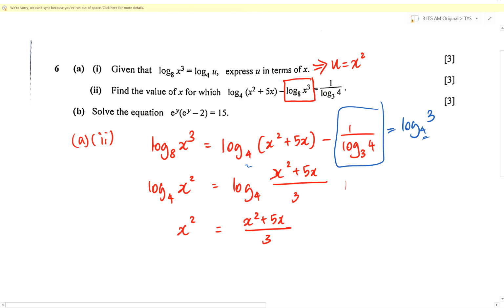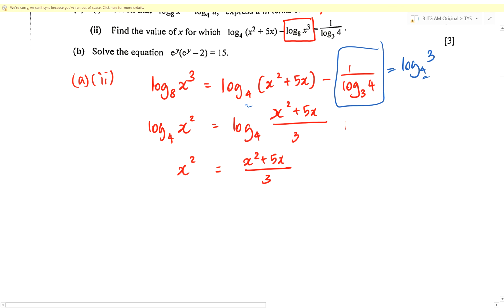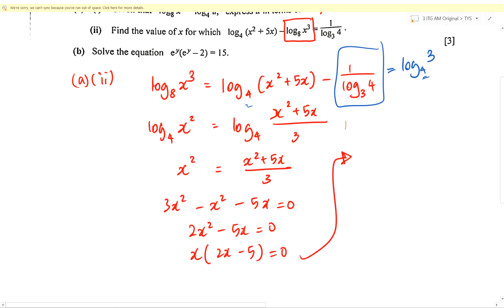I'm sure you can solve it. 3x squared minus x squared minus 5x equals 0. 2x squared minus 5x equals 0. Factorize: x(2x minus 5) equals 0. x equals 0 or 5 over 2.